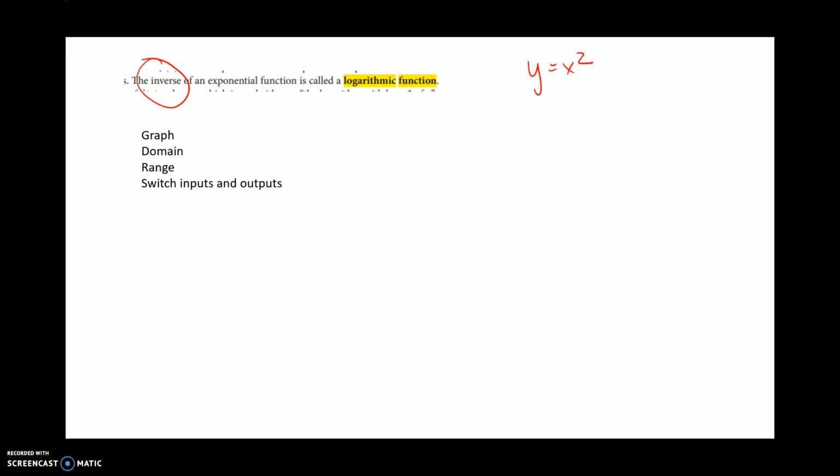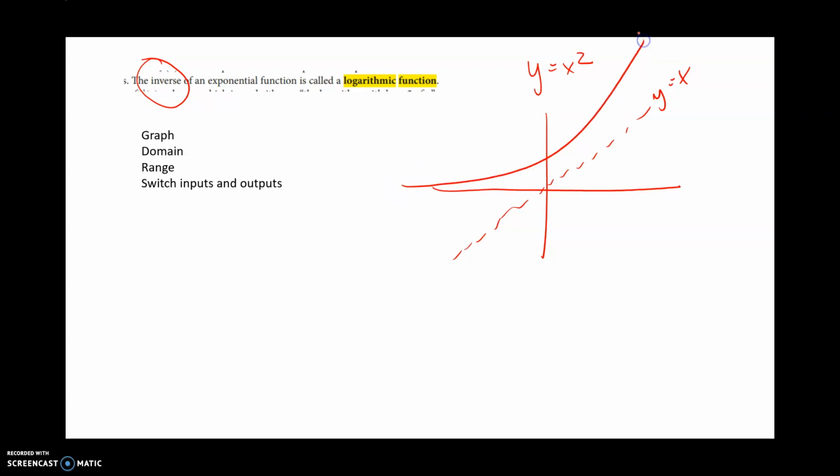If we look at a graph, remember we talked about an inverse graphically is a reflection over the line y equals x. So if I put a typical exponential function on here, it looks like this. If I graphically try to find the inverse, it looks like this.